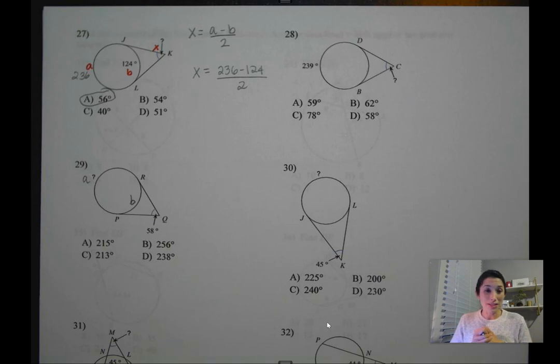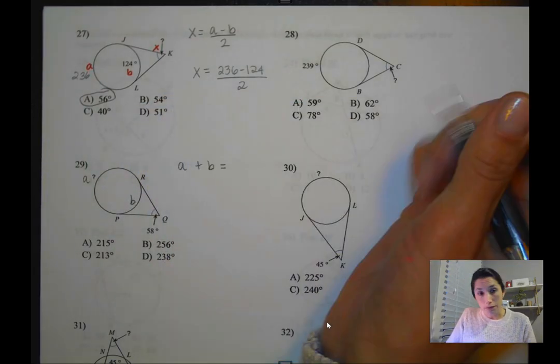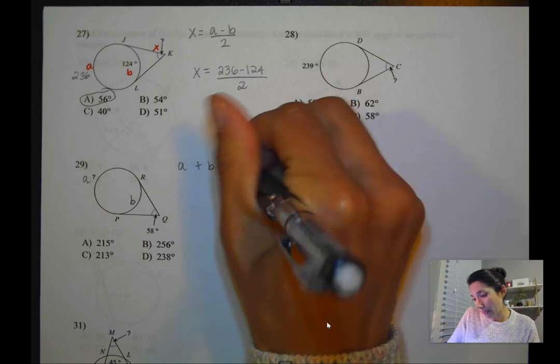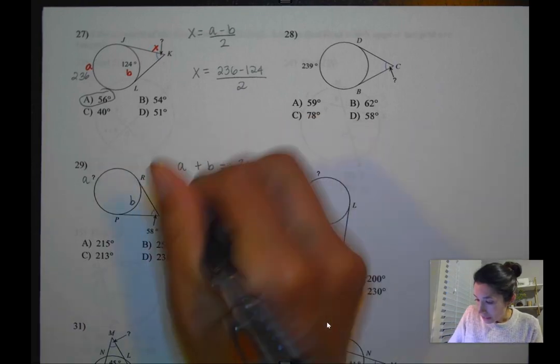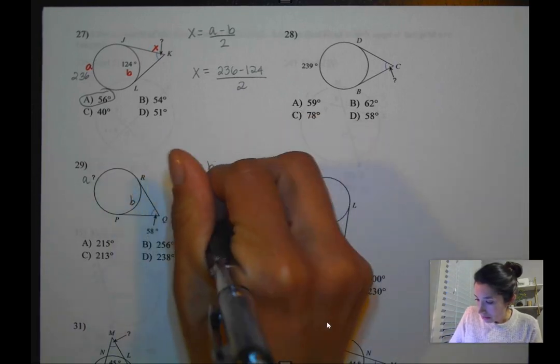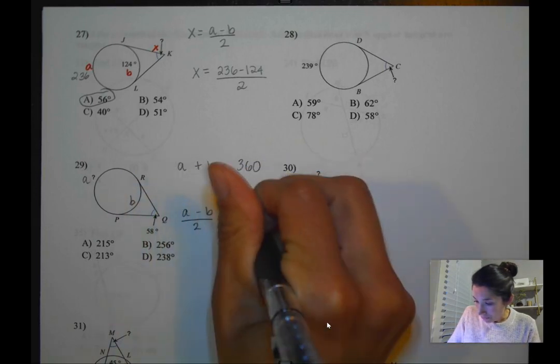There's going to be a little system of equations that we're using. The first thing I know is that a plus b, which is that full circle, is 360. The other thing we know is a minus b divided by 2 is equal to 58.